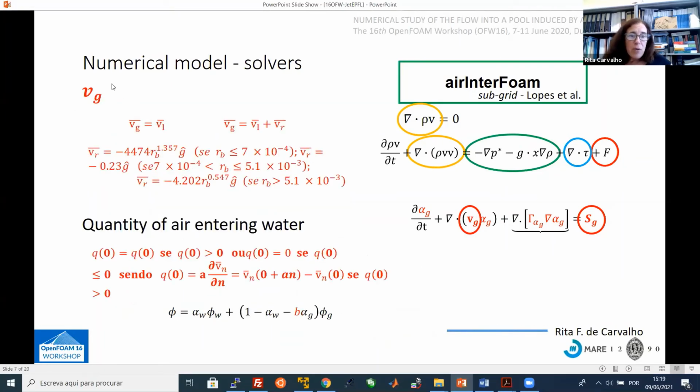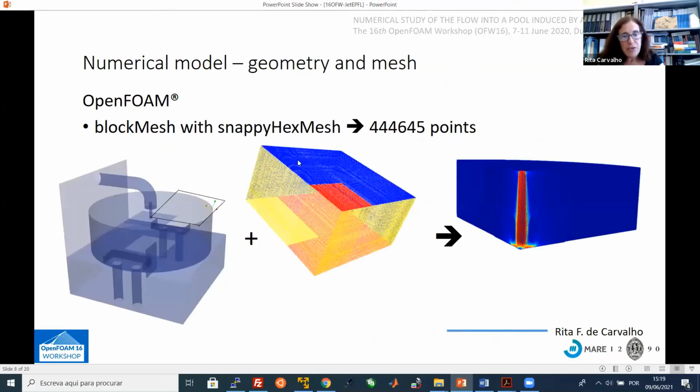We also have to calculate the velocity of the gas, the air in that case, and we follow some expressions that are available in the literature.